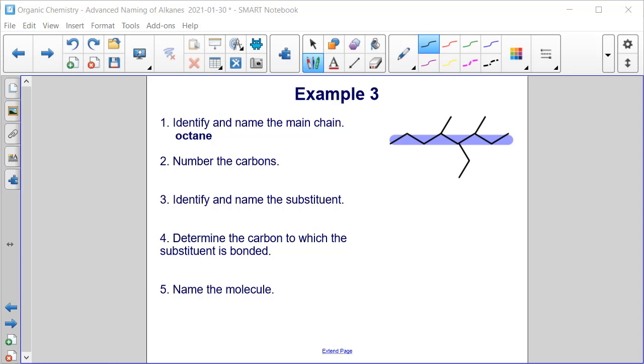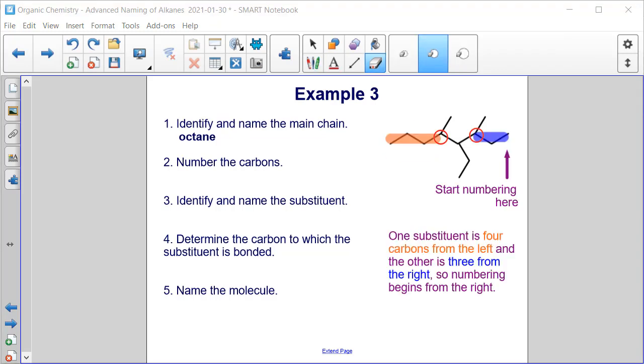If I start from right to left, I get 1, 2, 3, and I reach my first substituent at carbon 3. So that's what I want. I want the lowest number. I'm going to start from here. 1, 2, 3, 4, 5, 6, 7, 8. All right. Talk about this a little more in the next couple slides.